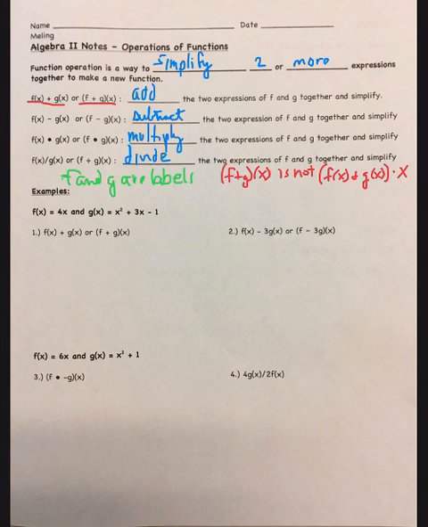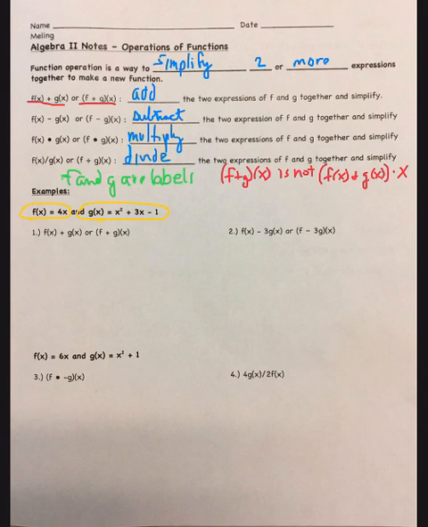So we're going to look at some examples. For 1 and 2, we have f of x is 4x and g of x is equal to x squared plus 3x minus 1. So f of x plus g of x, or f plus g of x, they mean the same thing.